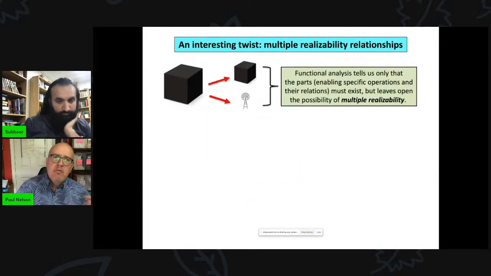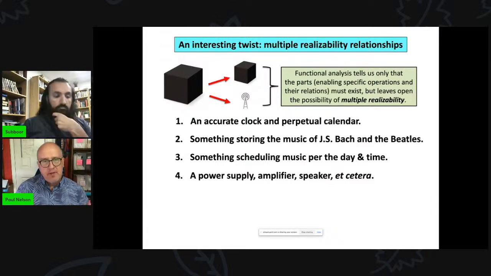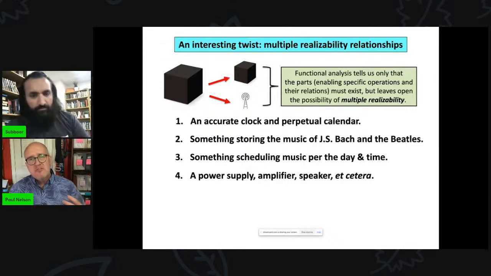Now, there are many possible ways that this could happen. We call this, in the philosophy of biology, multiple realizability. Functional analysis, that kind of top-down functional analysis we've just been doing, tells us that the parts must exist, but it leaves open the possibility that they could exist in a variety of ways.